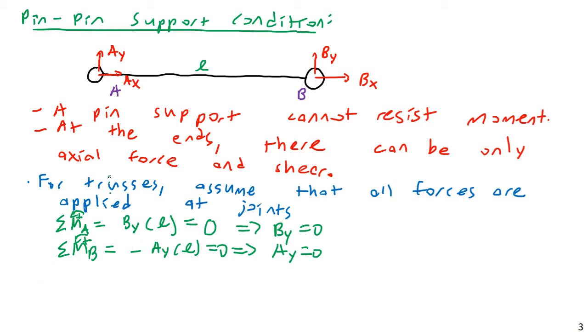Now I have AX and BX here. If I do a sum of forces in the x direction, I have no forces applied along the member, only at the joint. So I can say that AX plus BX is equal to 0, and that leads us to AX equal to negative BX.